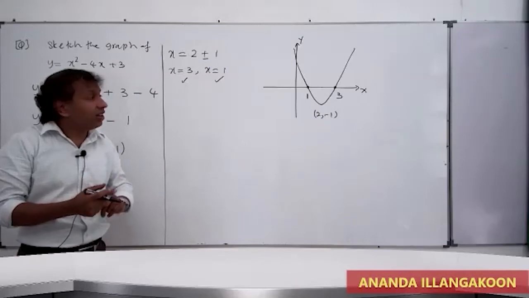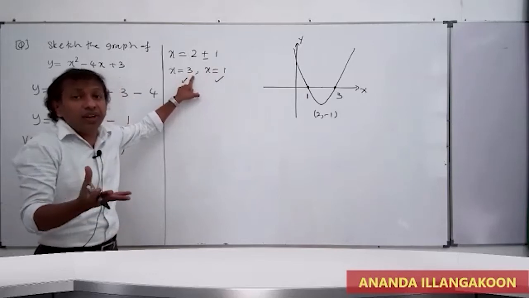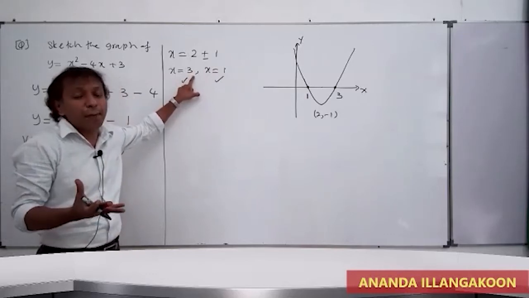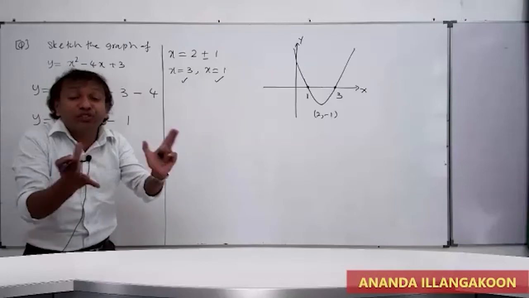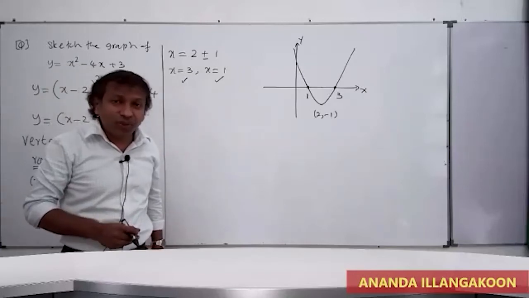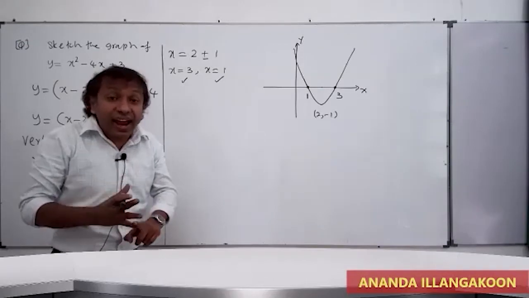Then in this case, the roots are real values, they are real numbers. And these two roots are different. So in this case, we say, people, the roots are real and different.